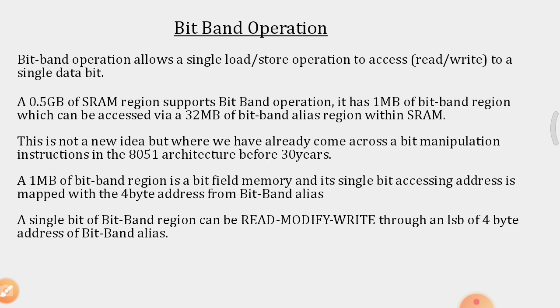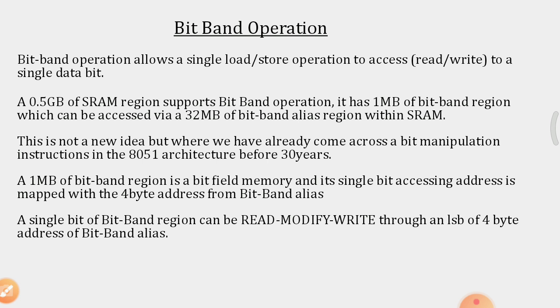The 1 MB bit-band region is a bit-filled memory. I repeat, the 1 MB bit-band region is a bit-filled memory, and the address of each single bit is mapped to a 4-byte address in the bit-band alias. That is, a single bit is remapped to a word-aligned address.